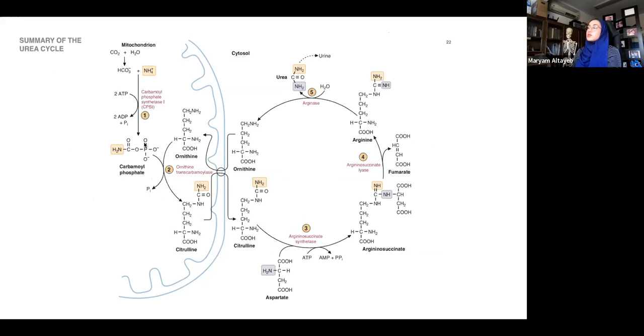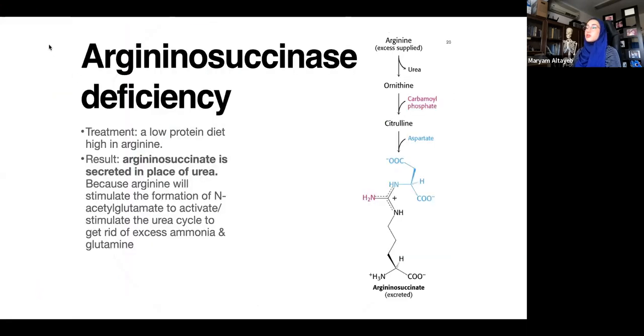Okay, and that's going to give us carbamoyl phosphate. That's going to combine with ornithine, by ornithine transcarbamylase, to give us citrulline. Citrulline is going to give us argininosuccinate by argininosuccinate synthase, combining with aspartate. And then we're going to break argininosuccinate down to arginine and fumarate. Arginine is going to be broken down into ornithine, giving us urea, which is excreted safely.